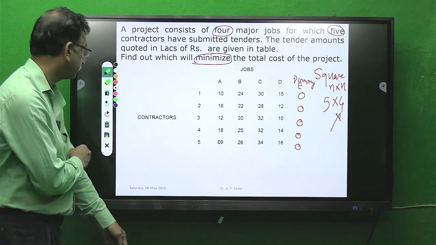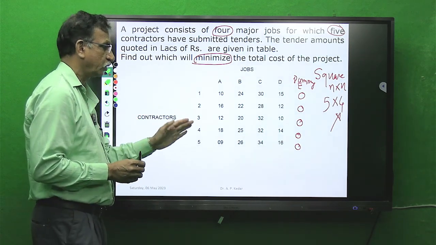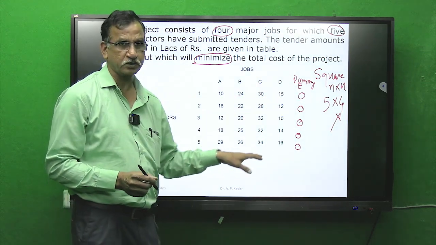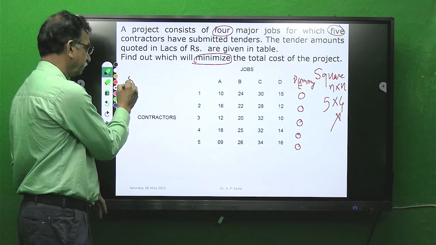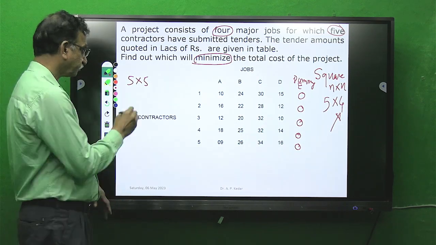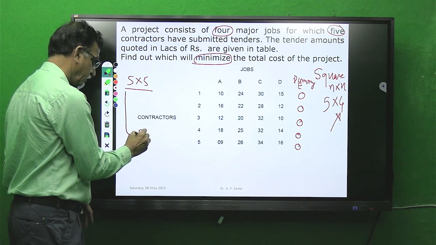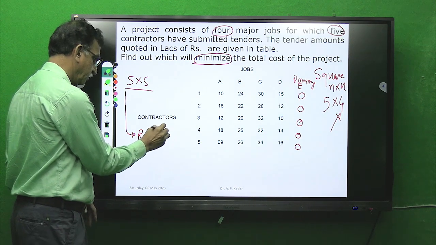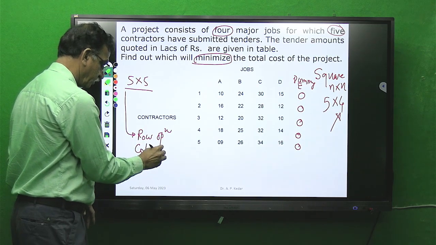Case number 1. Got it? This is the first case, how to solve. And now once we did this, this has become a 5 by 5 matrix. Now you have to perform row operation, then you have to perform column operation.